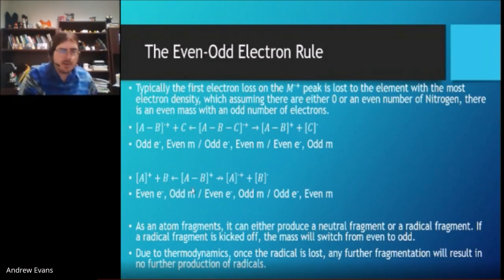So if I have a compound A, B, C, I could lose a C to go to AB, or I could lose a C radical. Either way, we have odd electron mass.